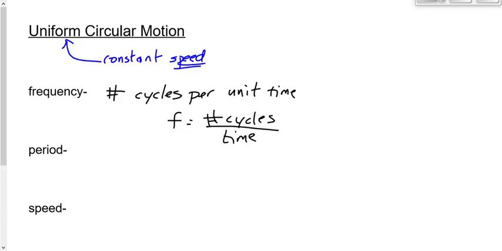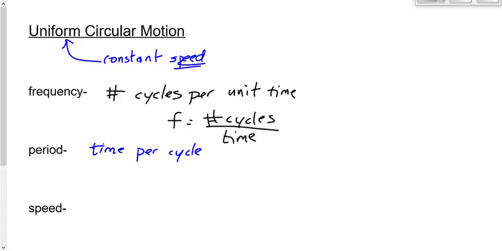Now, if frequency is the number of cycles per unit time, then the period would be the time per cycle. So how long does it take for the keys to go around my head one time? The time for one revolution. How long does it take the piston in your car to go up and down once? The time for one complete cycle of that engine going back and forth. The time per cycle as opposed to the cycles per time.